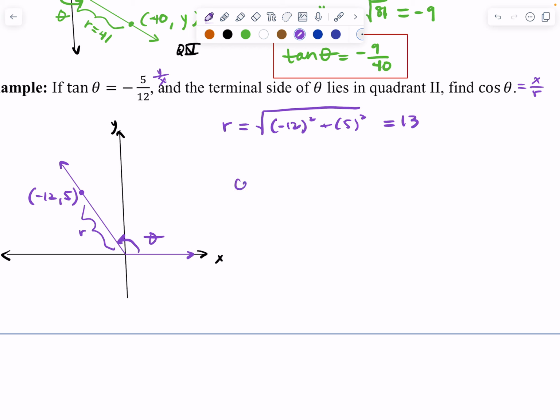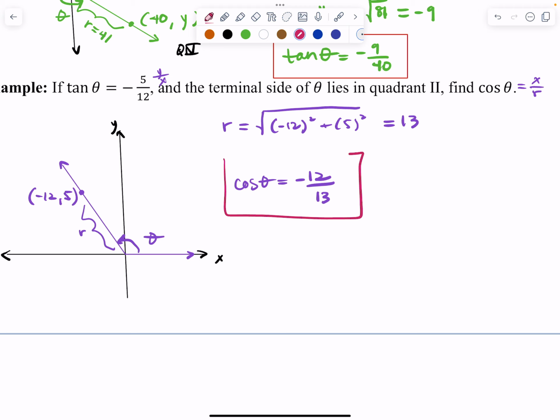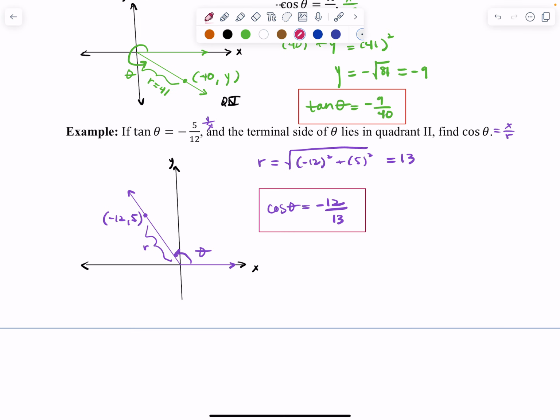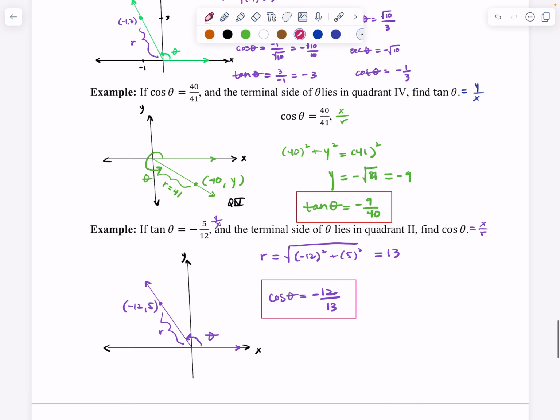Okay, so that means that cosine of theta will be equal to negative 12 over 13. Okay, so you're interpreting what that given information is telling you so that you can solve for whatever ratio it is that you're being asked to solve for.